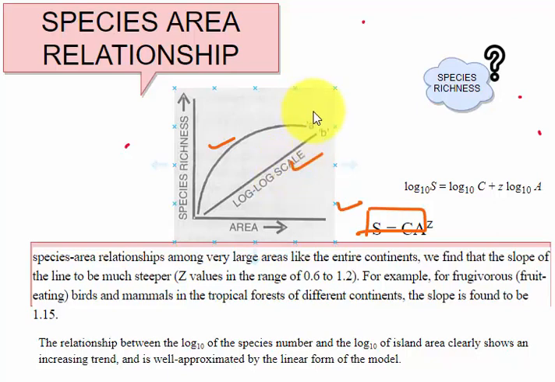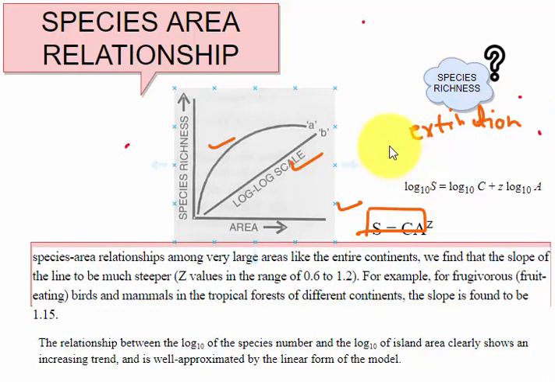Okay, we can see the conclusion is that both the island size and the distance from the mainland are associated with the number of species present. In general, it has been found that the relationship between the island area and the number of species present is fairly constant for islands in a given geographical region. But in smaller islands, as we have already seen, there will be more extinction due to intra- and interspecific competition.